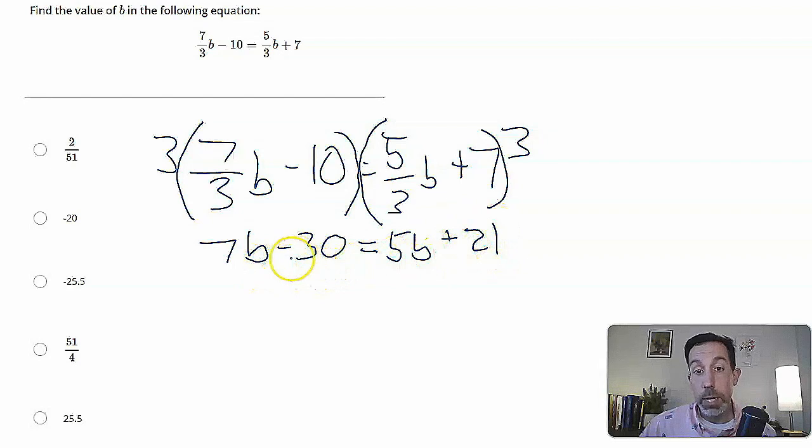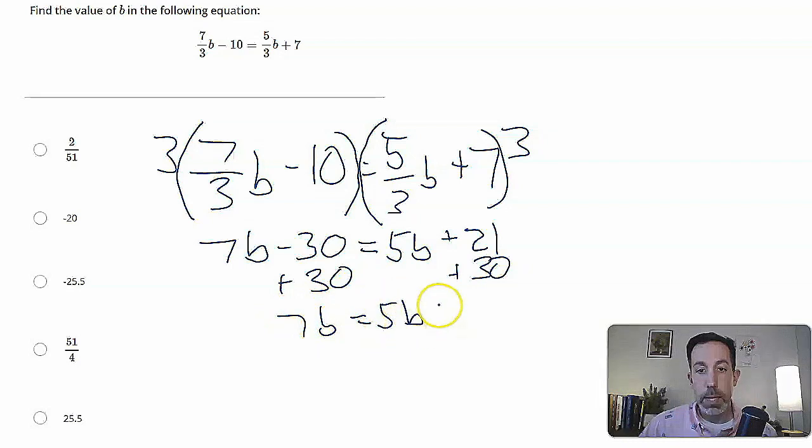So now we've got an equation with no fractions. So we can just now move the terms around until we get the b by itself. So I'm going to add 30 to both sides. That gives me 7b equals 5b plus 51.